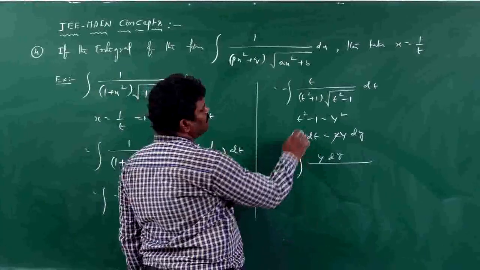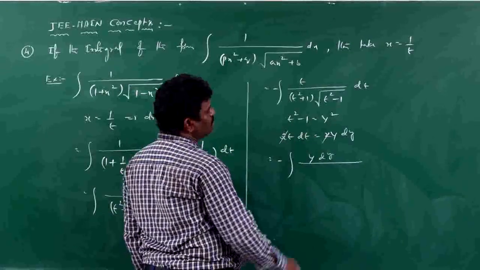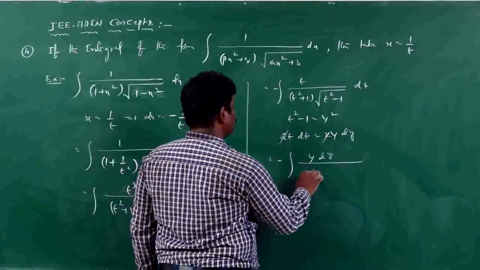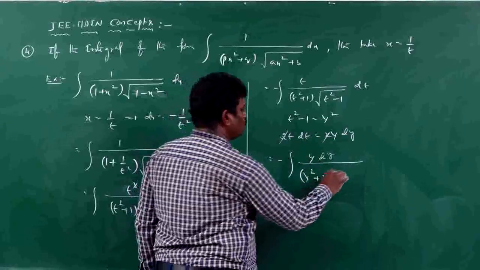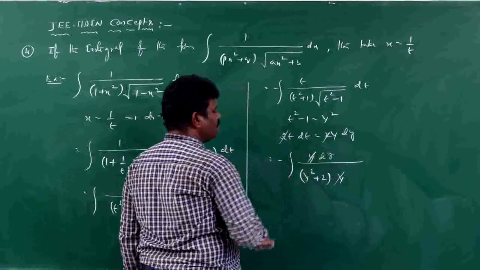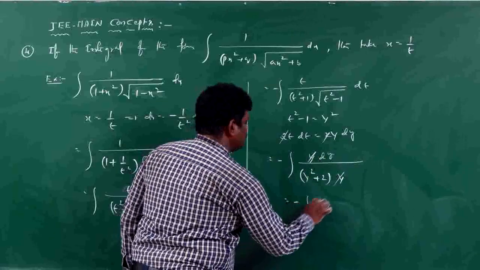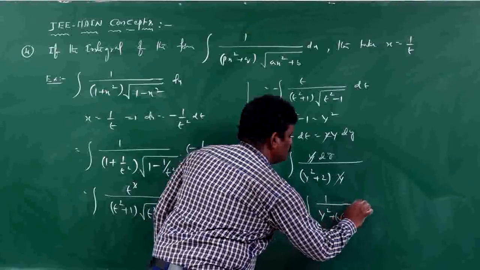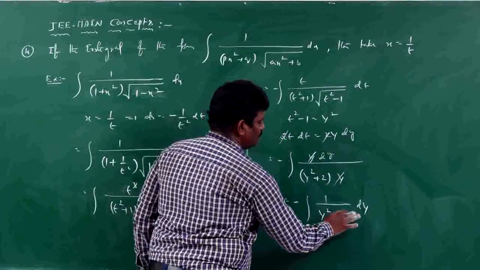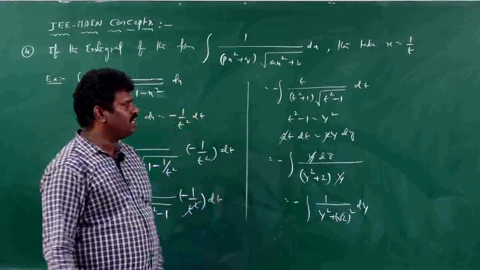Since t square minus 1 is y square, t square is equal to y square plus 2, so y square plus 2 into root y dy. The y cancels, so minus the integral of 1 by y square plus root 2 whole square into dy.